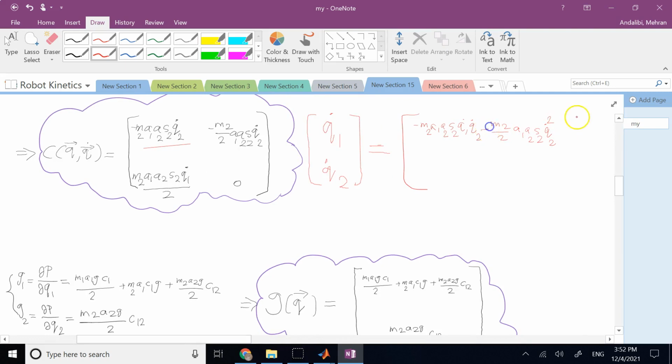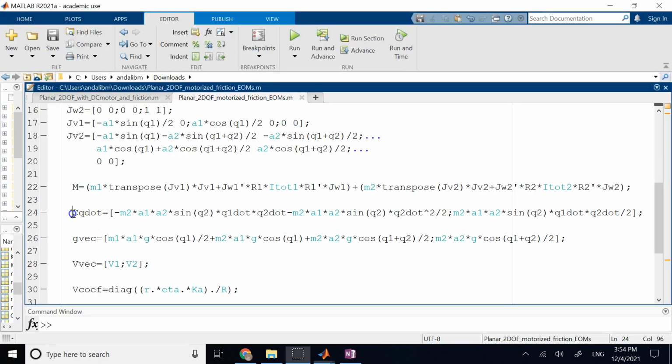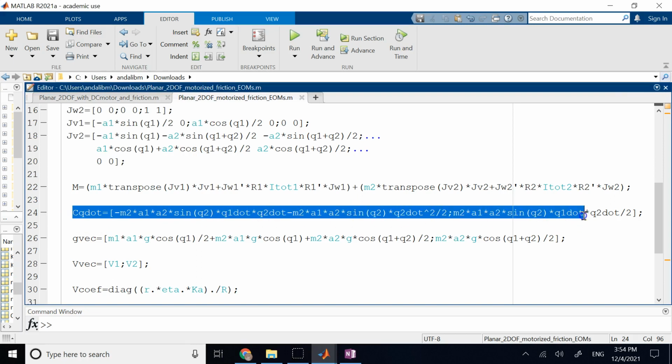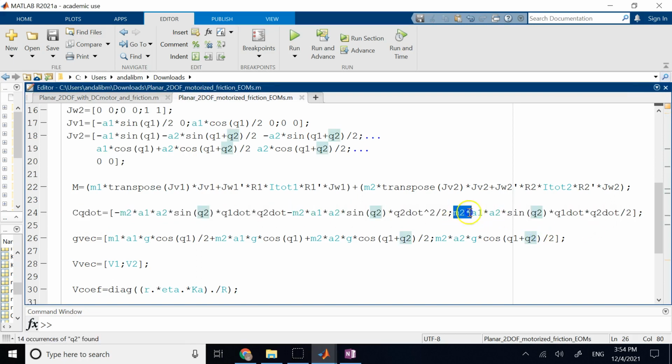This is your first term, and the second term is only this guy times this. So this is going to be M2 A1 A2 S2 Q1 dot Q2 dot, the whole thing divided by 2. So here you can see that CQ dot, this big vector.